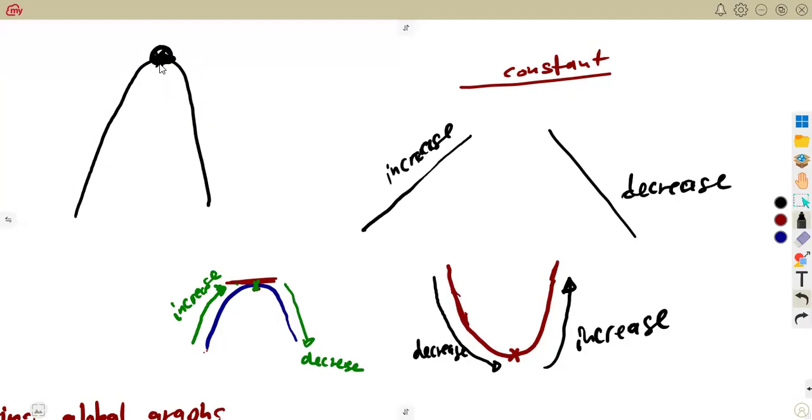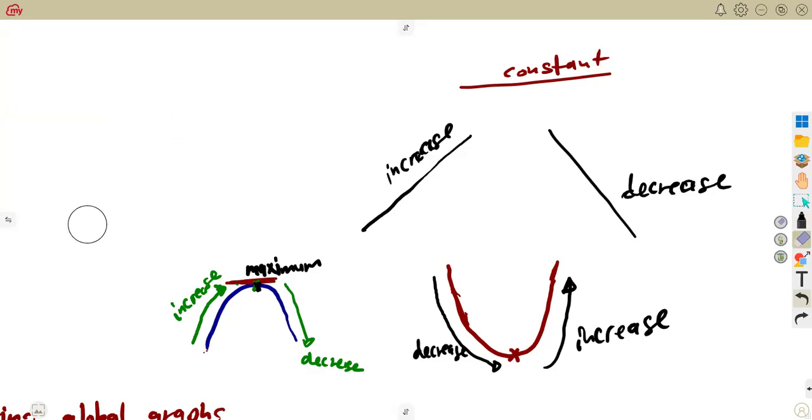You are standing on the top of the mountain, and that is the maximum. So anything of this shape has a maximum value at the top there. That's where you have the maximum. The graph is said to be at its maximum at that point.